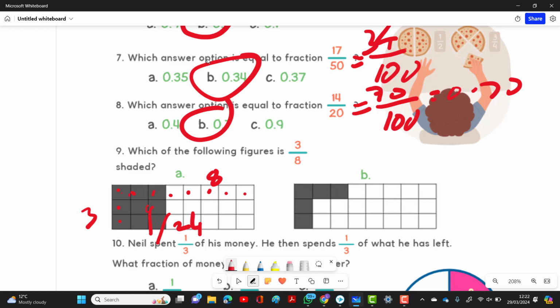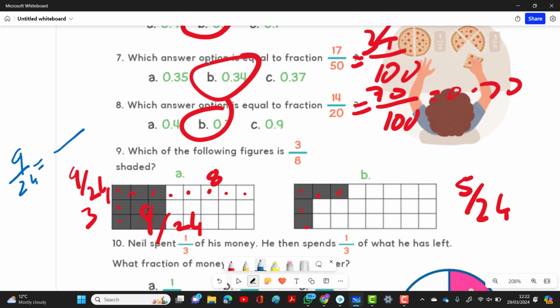And this one is 9 out of 24 here. And how many is this? 1, 2, 3, 4, 5. 5 out of 24. Okay, we're going to simplify these. So 9 over 24 equals, divided by 8, 3 over 8. So it's A.